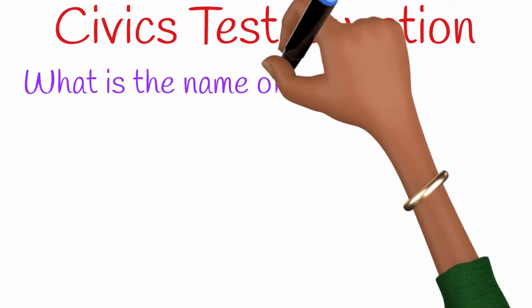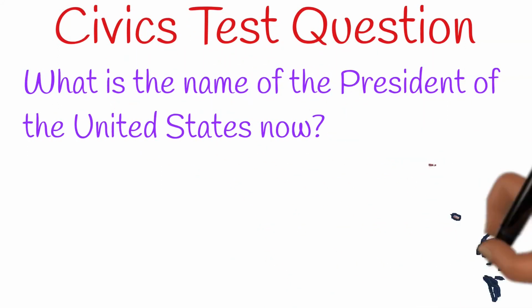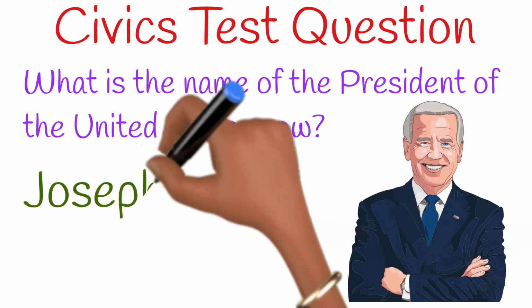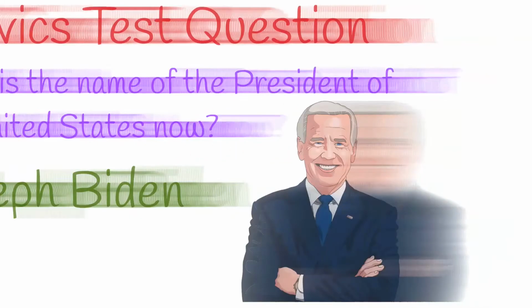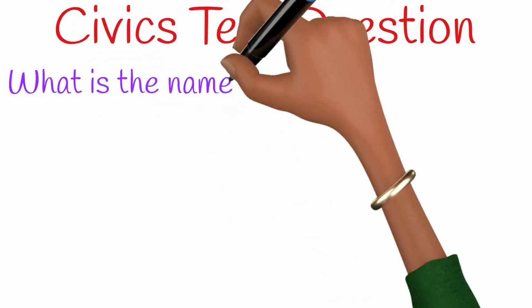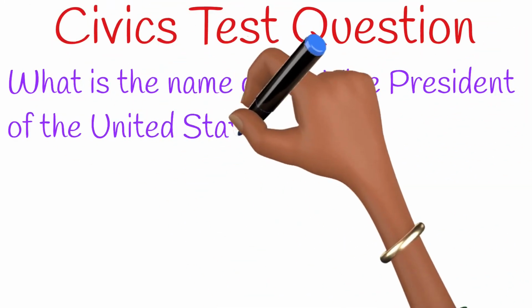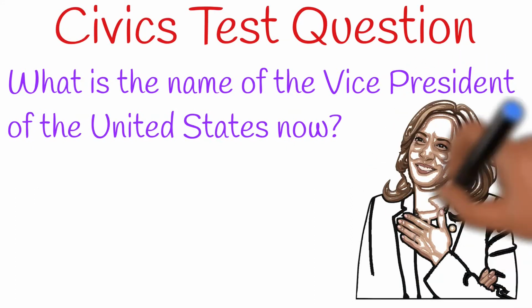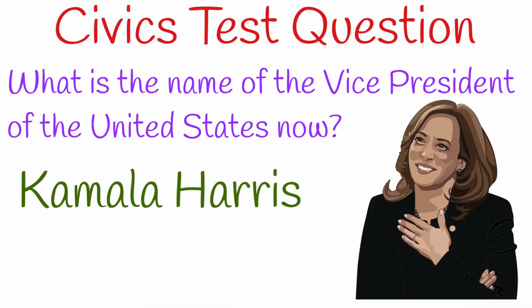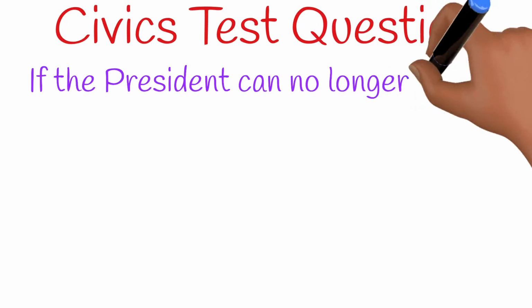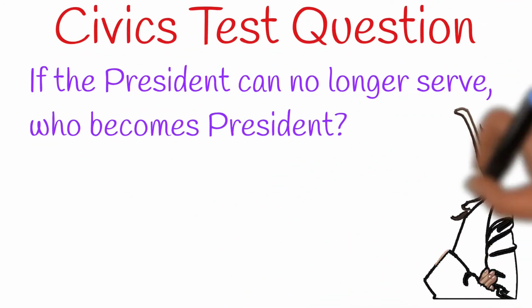What is the name of the President of the United States now? Joseph Biden. What is the name of the Vice President of the United States now? Kamala Harris. If the President can no longer serve, who becomes President?